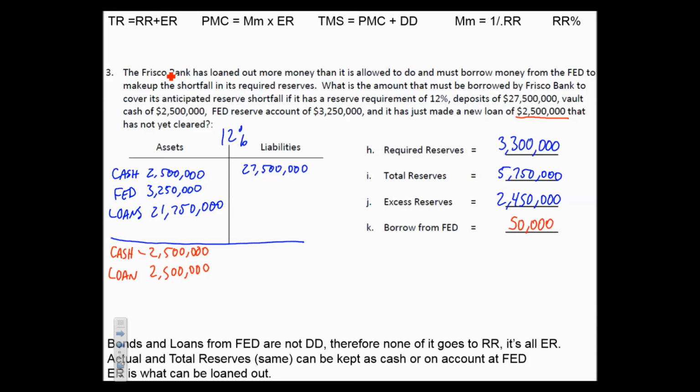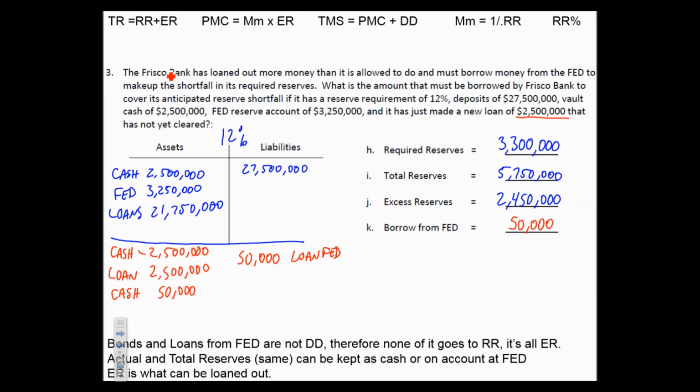The cash asset first, okay? So the Fed gives them 50 grand. But now they don't balance. So where does the Fed loan go? Liability. So they got 50,000 over here that they owe to the Fed. Everything balances. So that's how they do it.